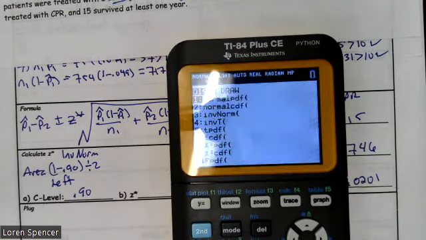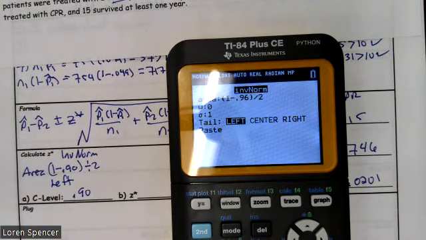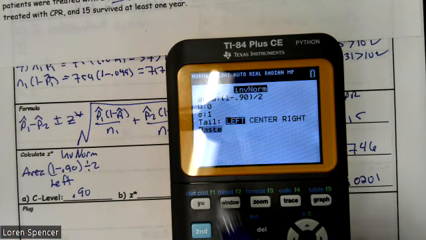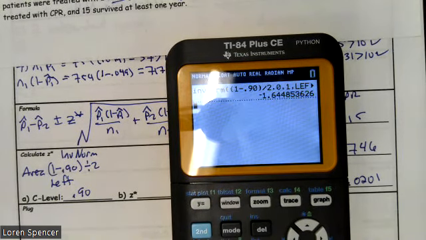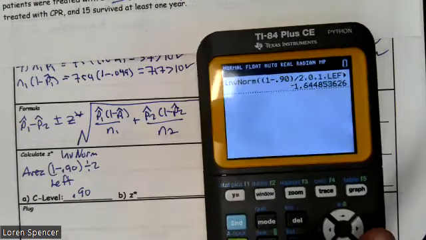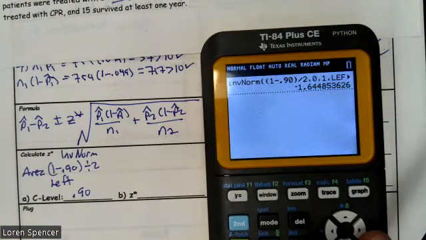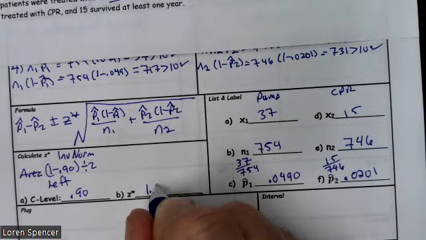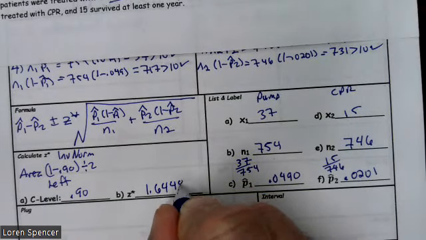So second vars, inverse norm. One clear, so 1 minus 0.90 divided by 2. Make sure everything's in parentheses. Mean of 0, standard deviation of 1 because it's a z-score. And we end up getting 1.6448. Make it positive. So 1.6448.